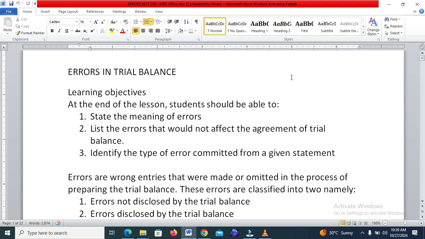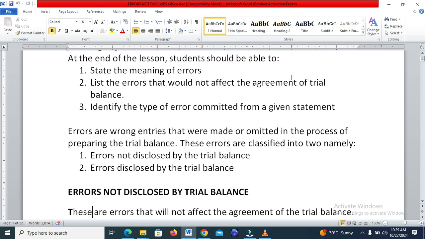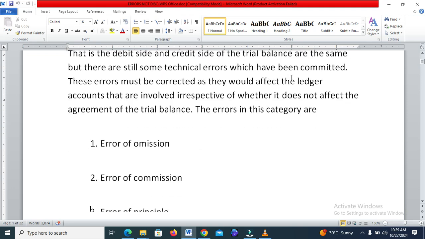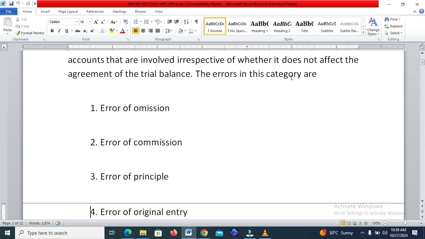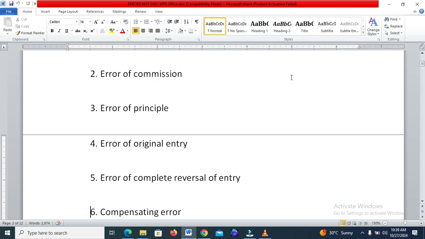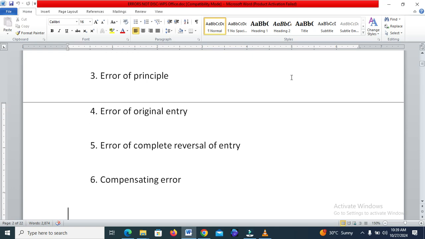I've explained all the errors that would not affect the agreement of the trial balance, starting from the errors of commission, error of omission, error of principle, error of original entry, error of complete reversal of entry, compensating error.